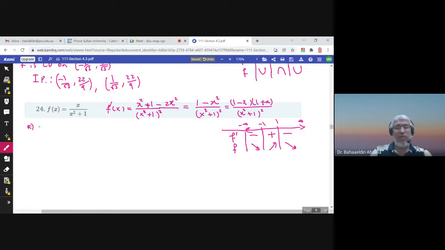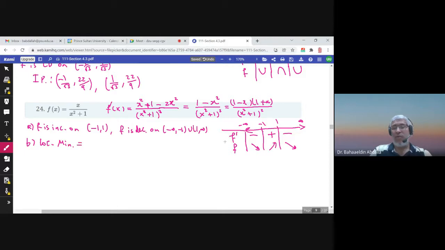And part A would be f is increasing on the interval -1 and 1, and f is decreasing on the interval from -infinity to -1, union from 1 to infinity. And for part B, we have a local minimum.